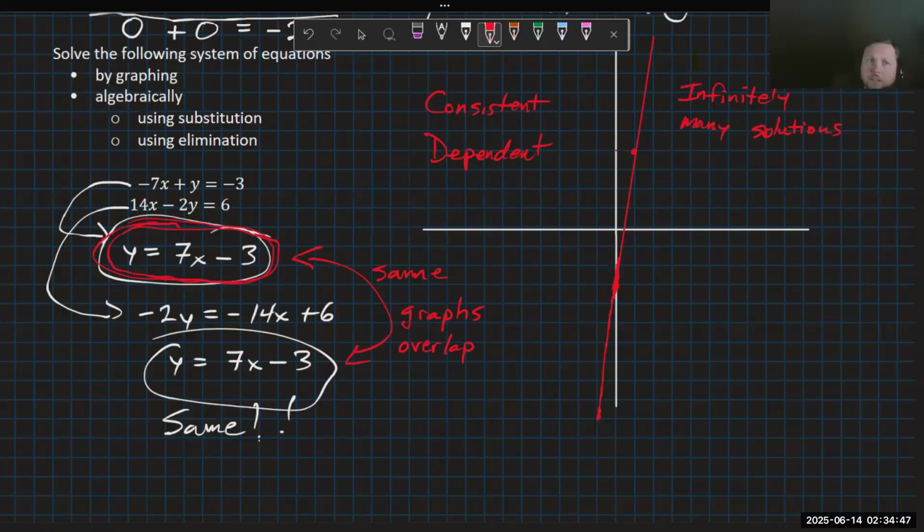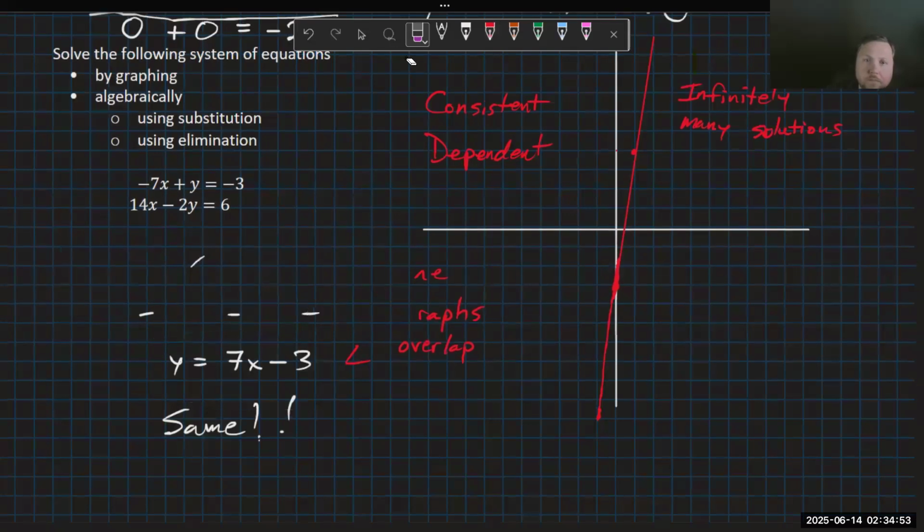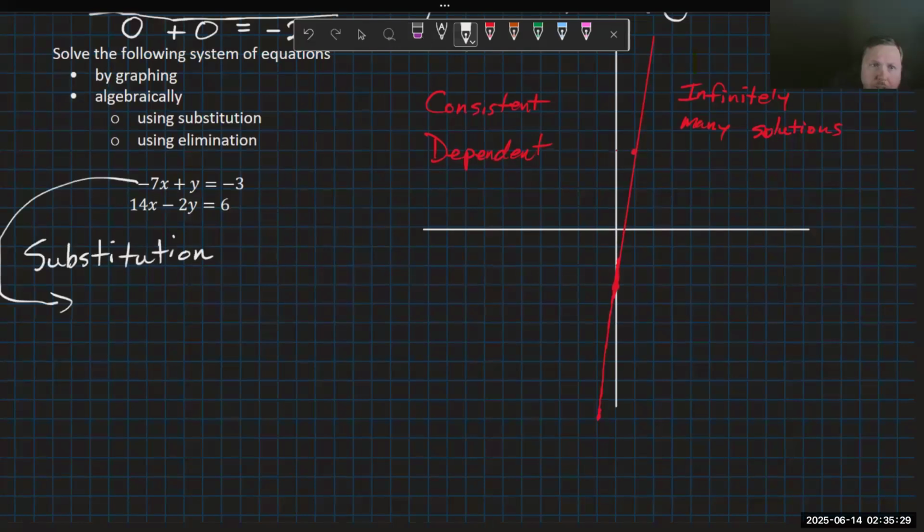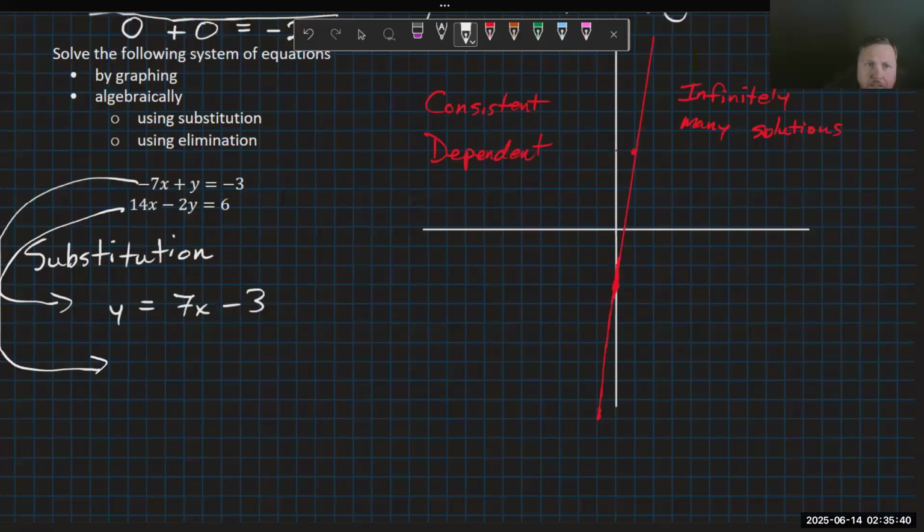Okay, so let's see what this looks like if we're using substitution. First equation, I can solve for y in one step. So I have y is equal to 7x minus 3. And then into the second equation it goes. In this case, I'm going to replace the y with 7x minus 3.